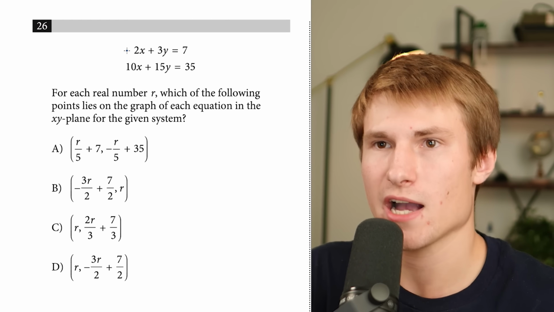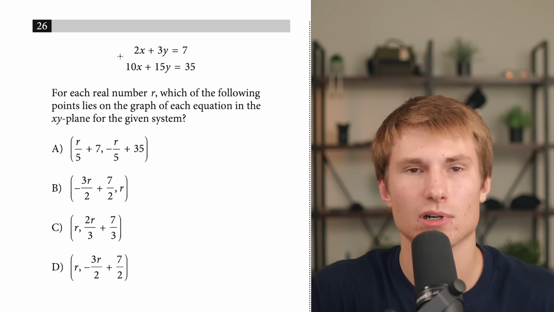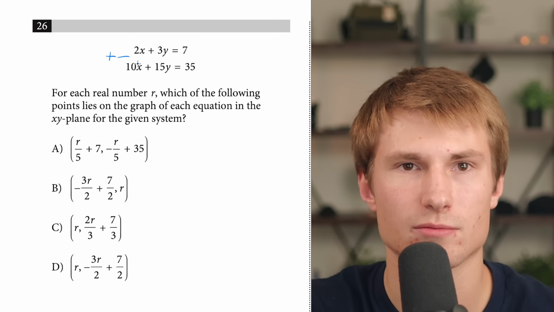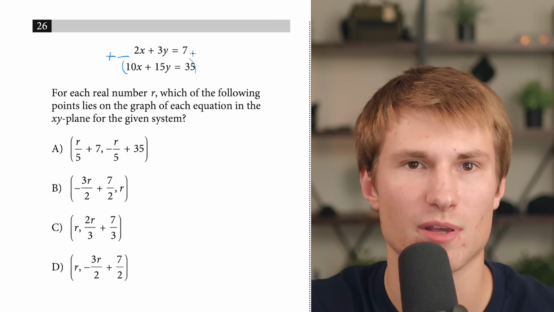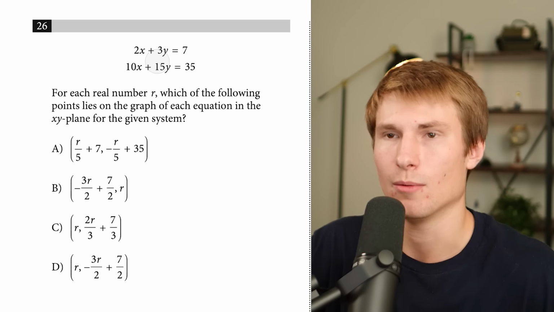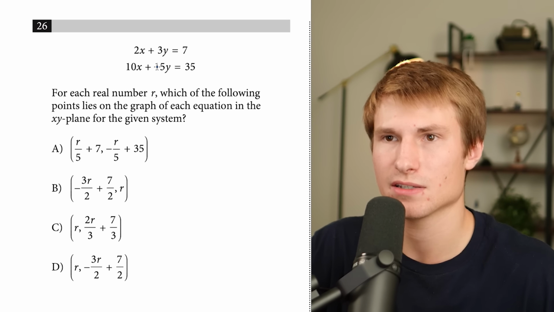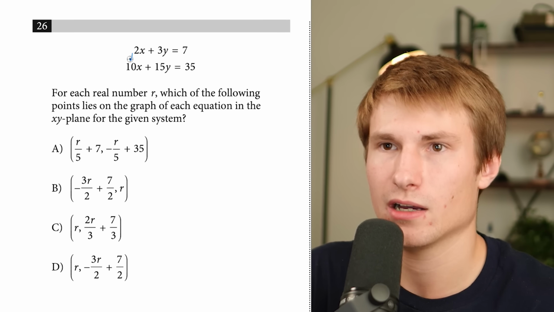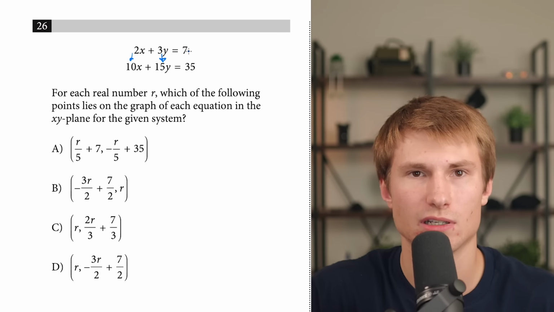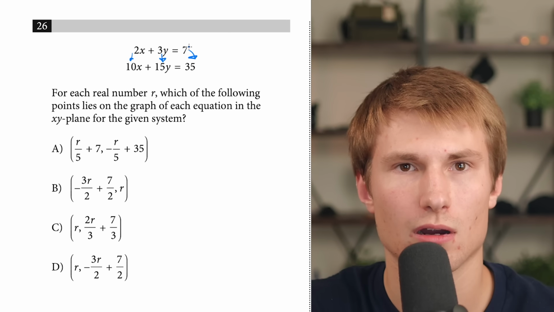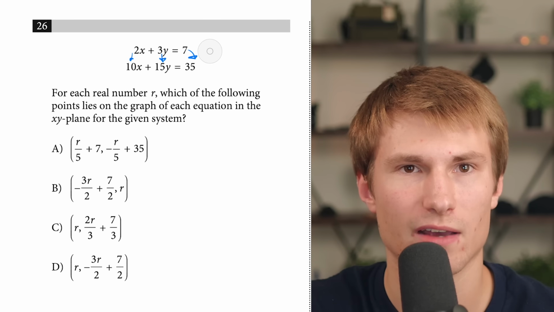Okay, so stacked equations. Once again, I've talked about this before, but you would typically look to add, subtract, and then maybe multiply one of those equations, or use substitution. Now, in this case, what I see is I've got 2 to 10, 3 to 15, 7 to 35. All of those are multiplied by 5 to get what is below.